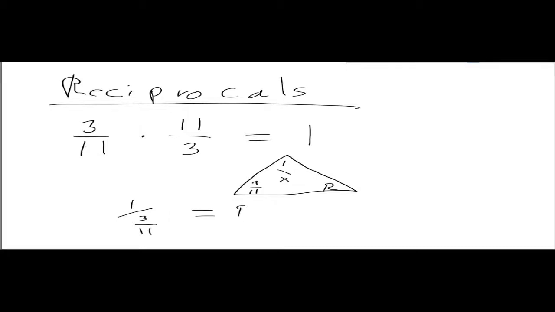Well, I'm just going to simply take the inverse, because when we divide by something, we invert and multiply. So that's now equal to 1 times 11 over 3 is equal to r. So r equals 11/3, since 1 is our multiplicative identity. And again, we see that that gives us our reciprocal.